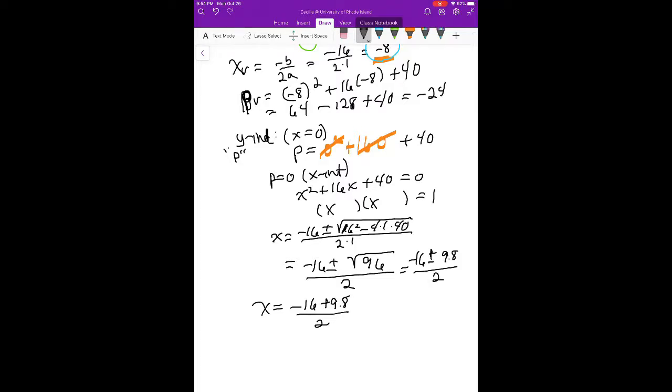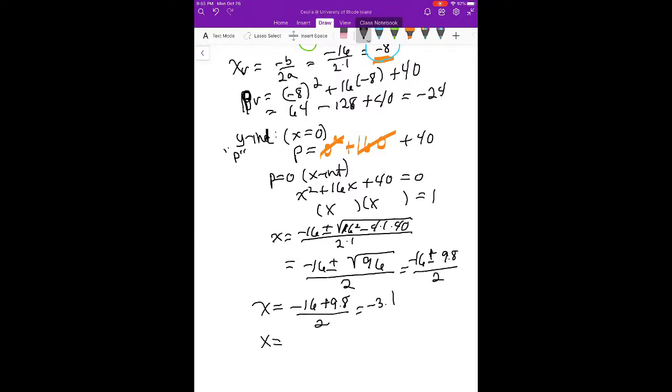All right, so if we go in here, we can say that negative 16 plus 9.8 divided by 2 is equal to negative 3.1.